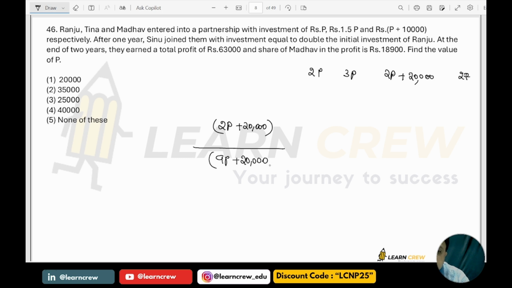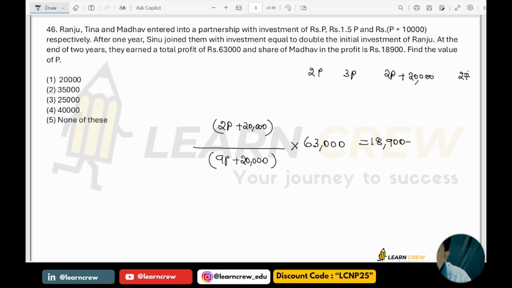Okay, this is the total profit out of 63,000 and this value is given as 18,900. Right? Now, see here, are you able to follow or not? For 1 year it is P, 1.5P and P plus 10,000. For 2 years, that's why I am multiplying each with 2.